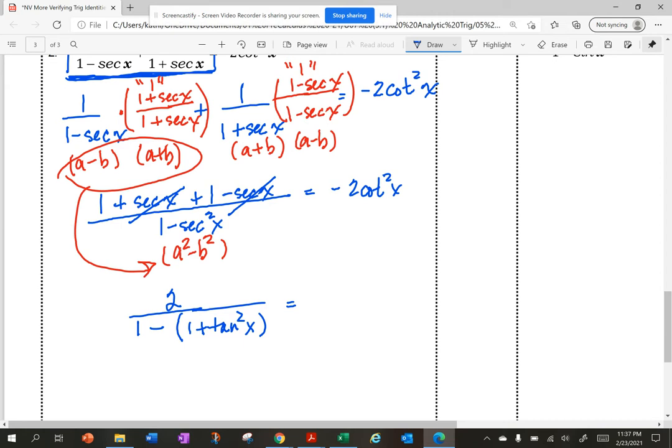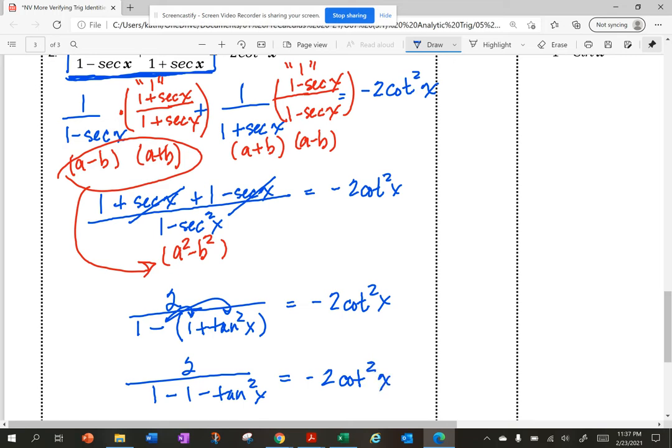And I leave my right side the same, so minus 2 cotangent squared of x. Now I'm going to distribute my negative 1, so I'm going to change the sign on my two terms inside the parentheses. So this is 1 minus 1 minus tangent squared of x equals minus 2 cotangent squared x.